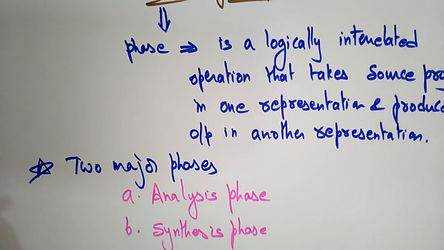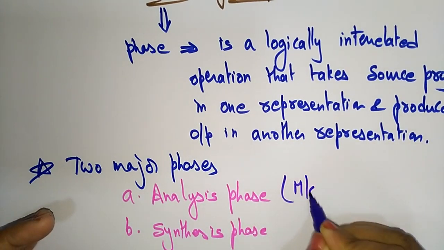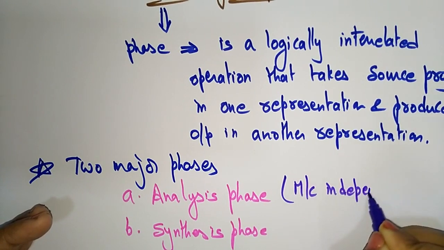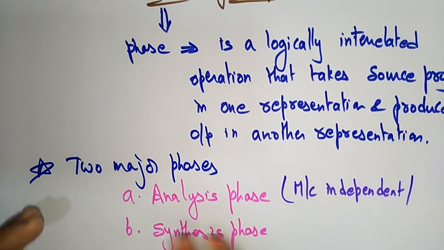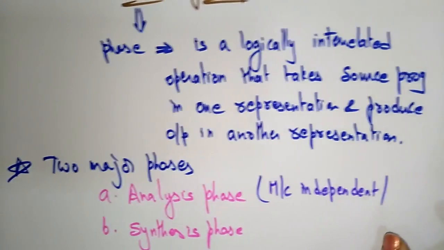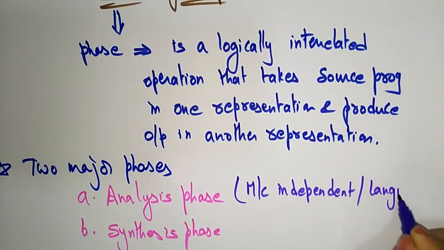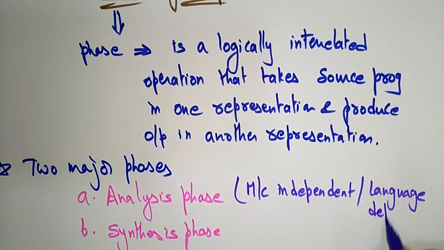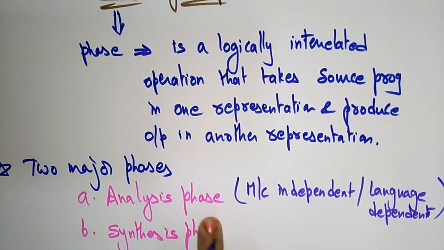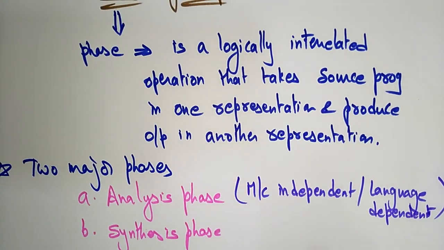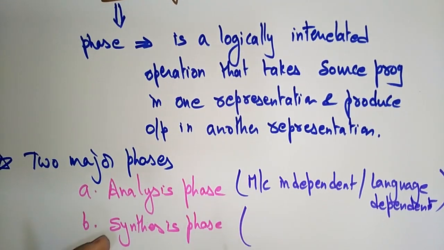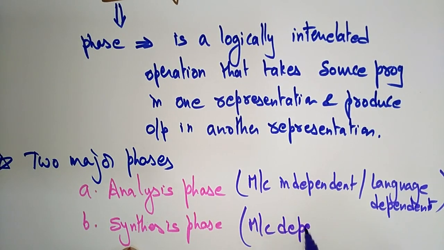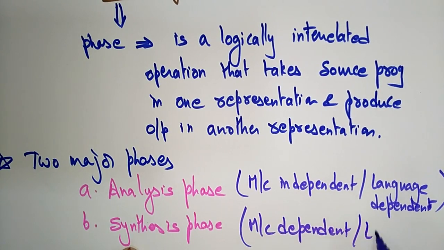What does the analysis phase consist of? The analysis phase is machine independent; it doesn't know what type of machine you are using, but it is language dependent, depending on what language you are using. The synthesis phase is machine dependent and language independent.